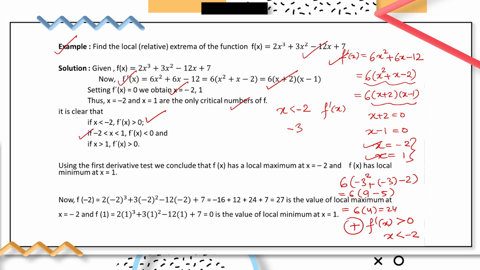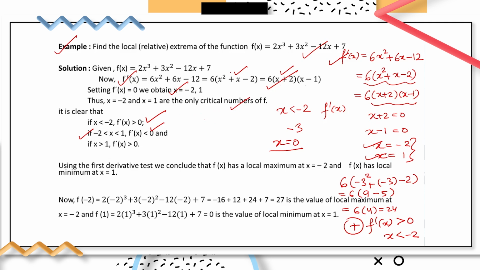And for a value in the interval minus 2 to 1, say we put x equal to 0 in this equation, so 6 into (0 plus 2 into 0 minus 1). This turns out to be negative, because 6 into 2 is 12, 12 into minus 1 is minus 12, so it is less than 0.